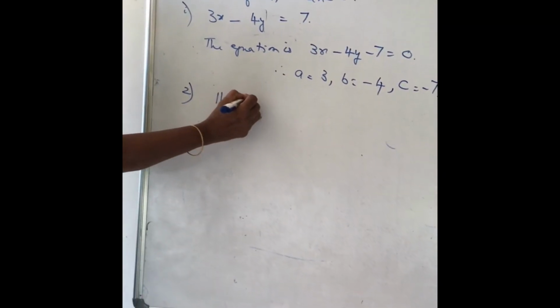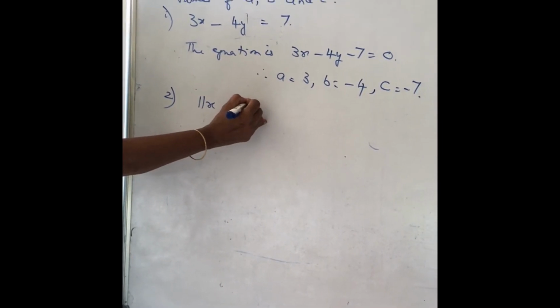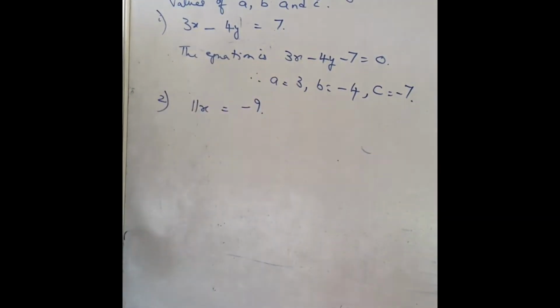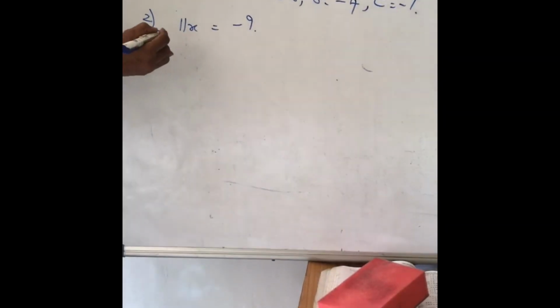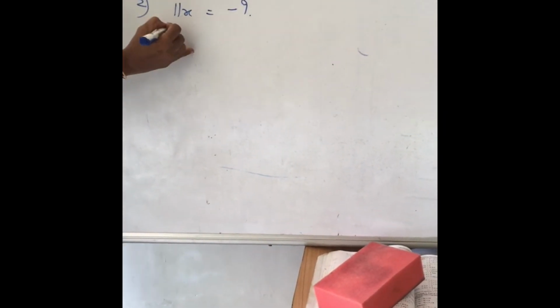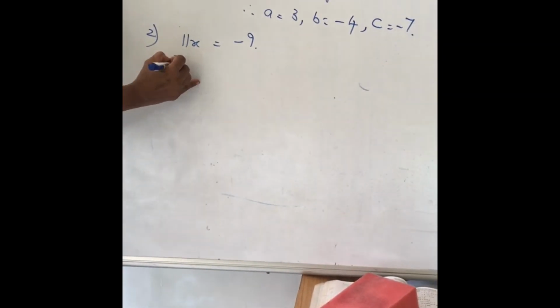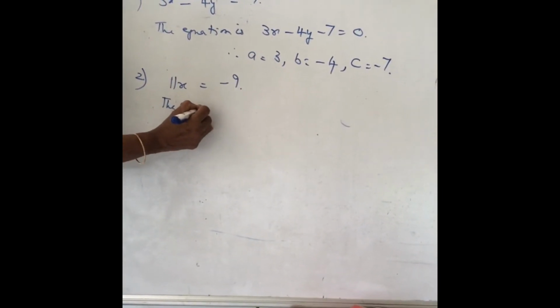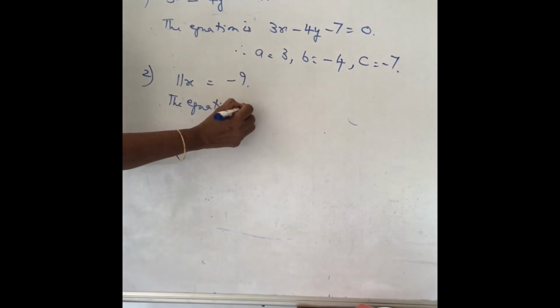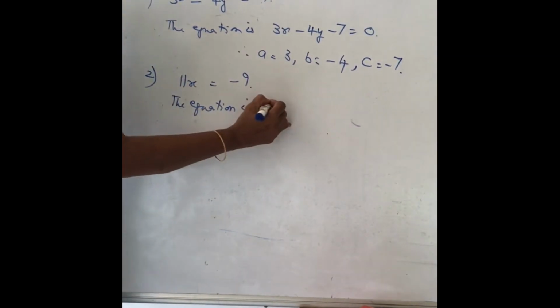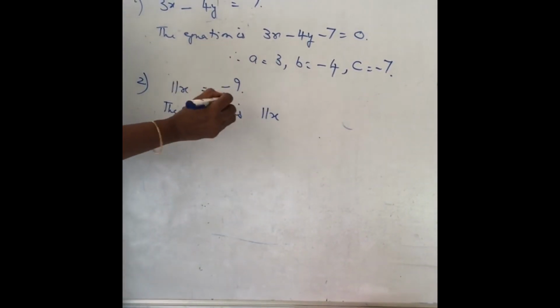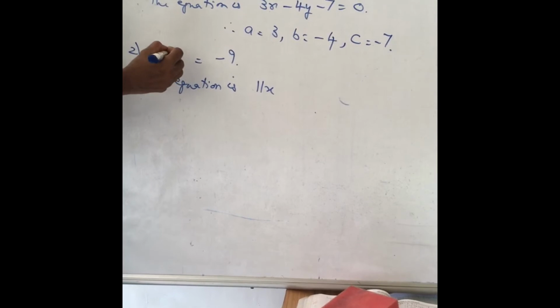11x is equal to minus 9. When there is no term, children, that particular term coefficient will be 0. 11x, you have no y term. Do you have y term? No y term.